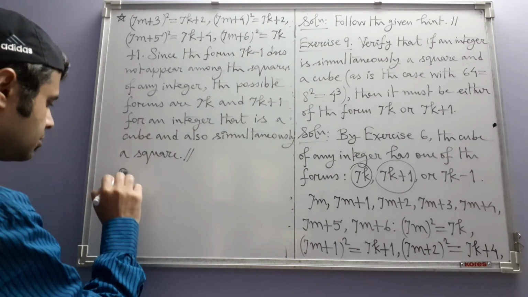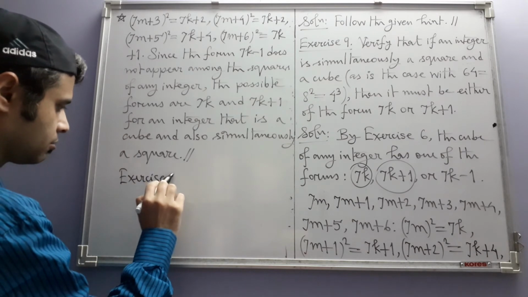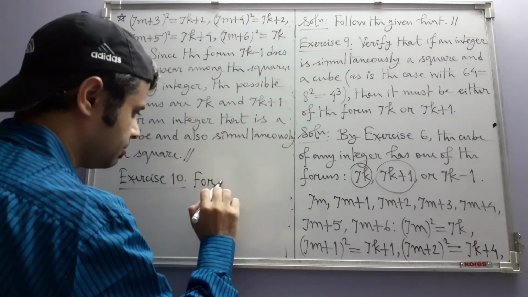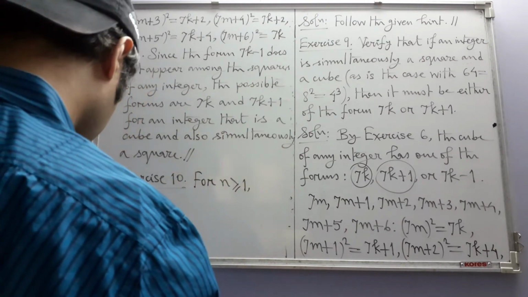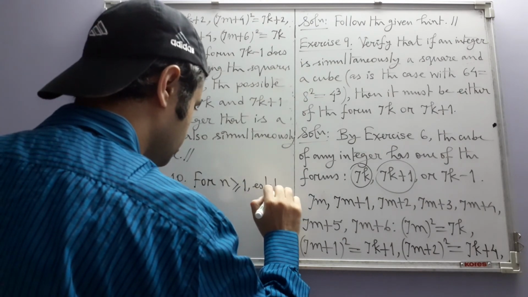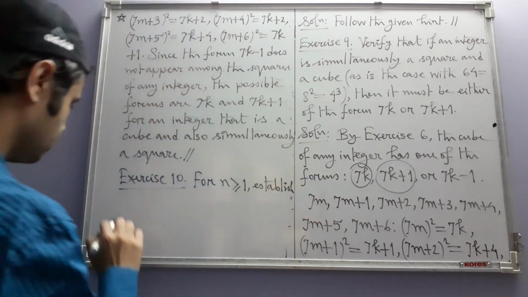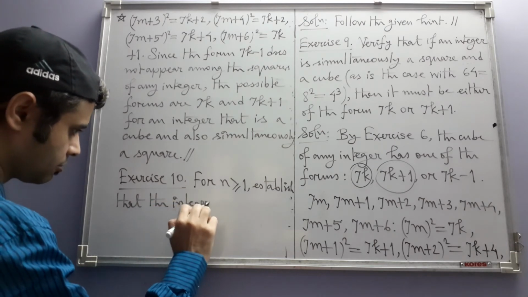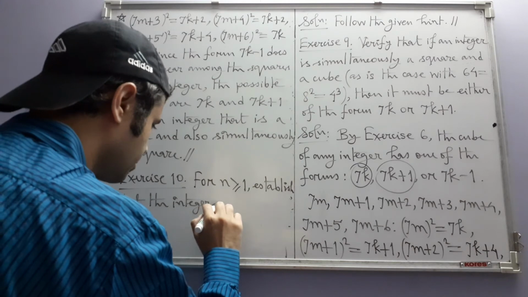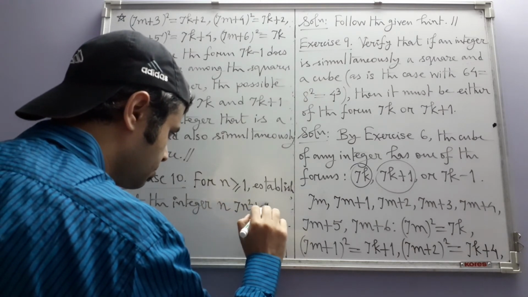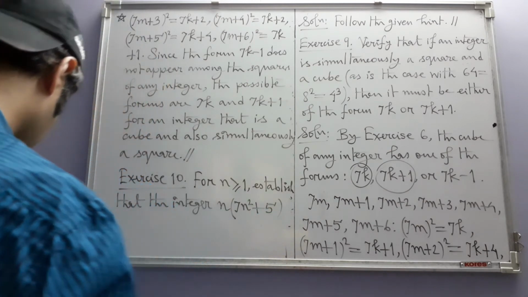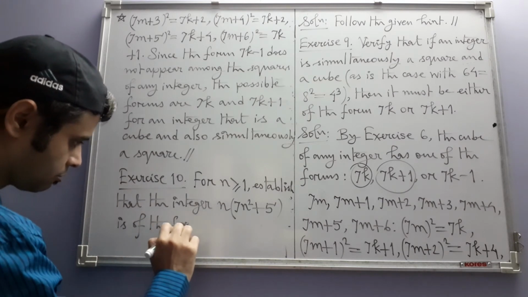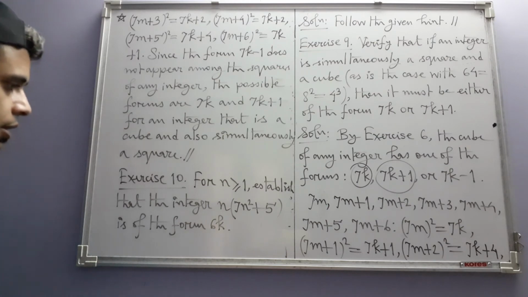Then exercise 10. For any positive integer, establish that the integer n times 7n square plus 5 is of the form 6k.